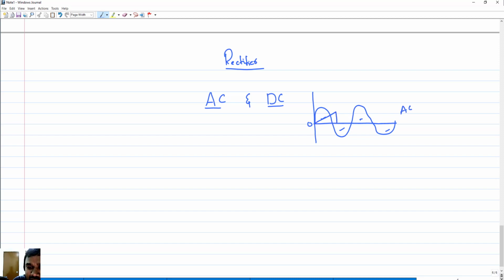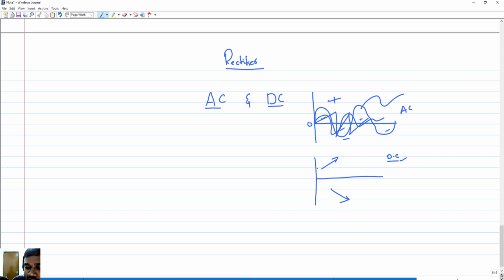It may be of any shape, as long as it has positive as well as negative parts. If the shape comprises only this quadrant or only this quadrant, only one quadrant, it is said to be a DC current signal.